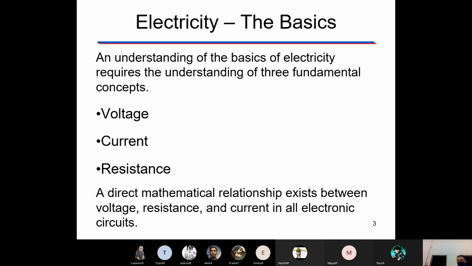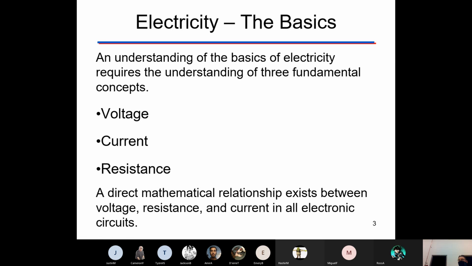The basics of electricity: understanding electricity requires the understanding of 3 fundamental concepts: voltage, current, and resistance. And there is a direct mathematical relationship that exists between them. Does anybody know what that relationship is called?